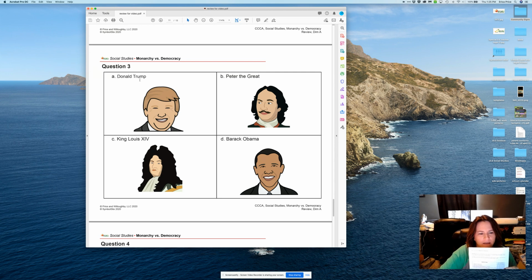Was it A, Donald Trump, B, Peter the Great, C, King Louis XIV, or D, Barack Obama? Who was an absolute monarch in France? Okay, you should have written down your answer on pencil and paper, or circled the answer.